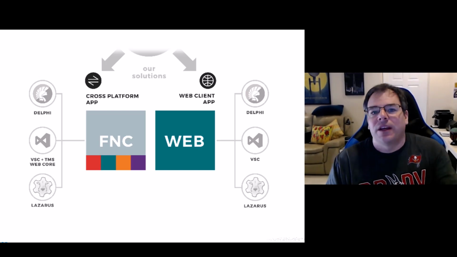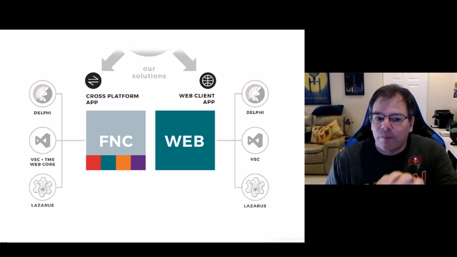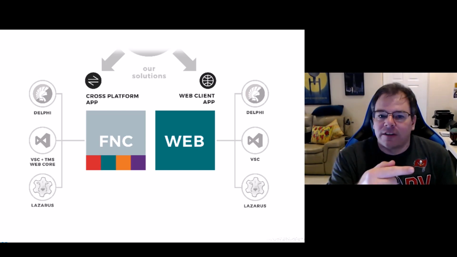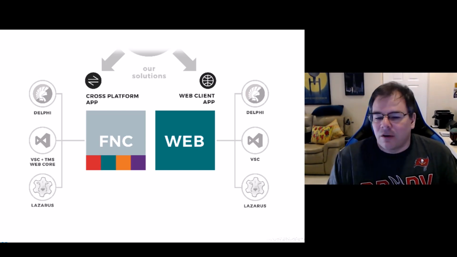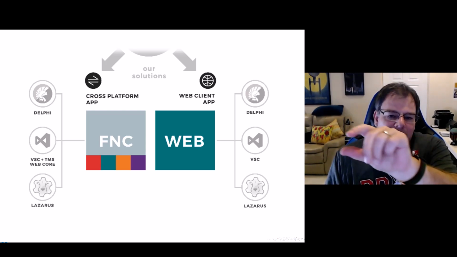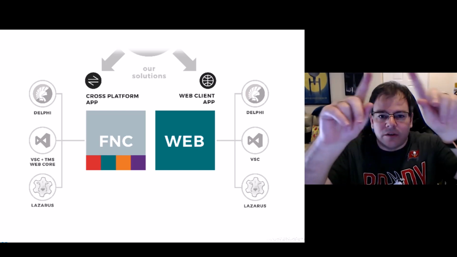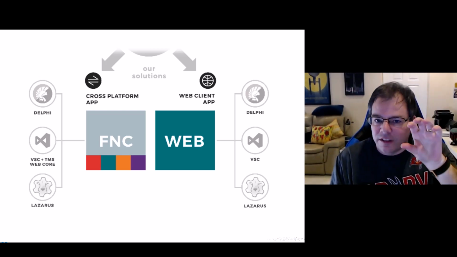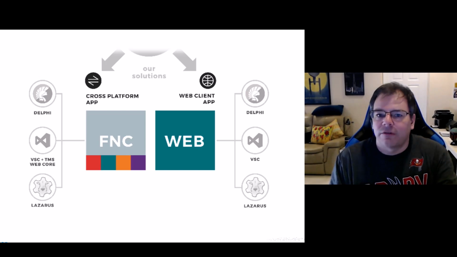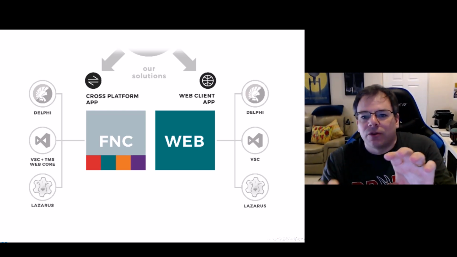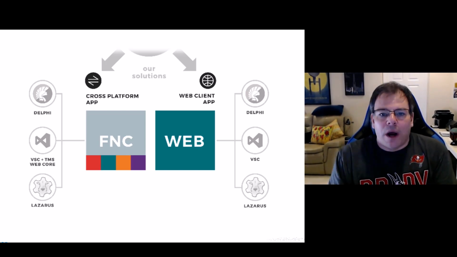But guess what? If you replace some or most of the components with FNC, then you only need to develop it once, because the edit control or the planet control that you have in the VCL using the FNC framework is exactly the same control that you can use in the web.